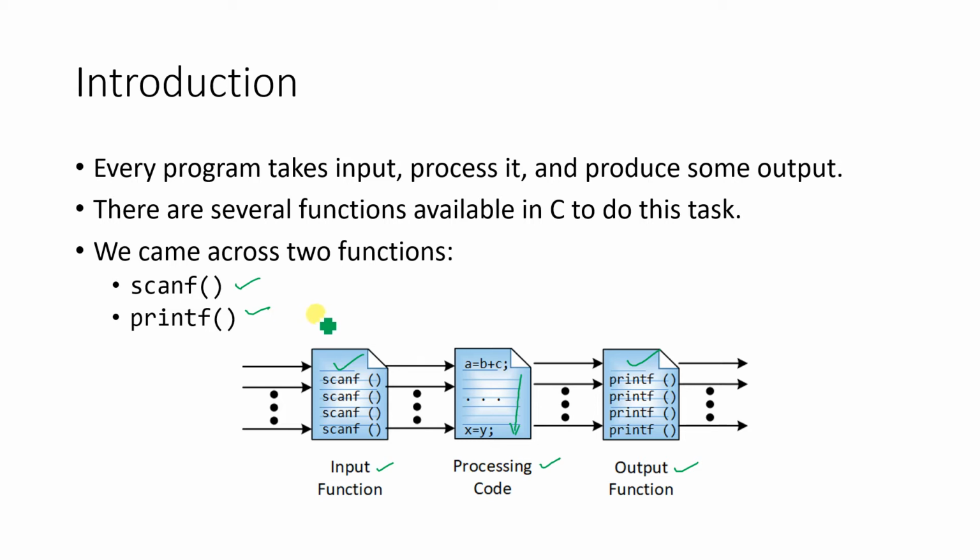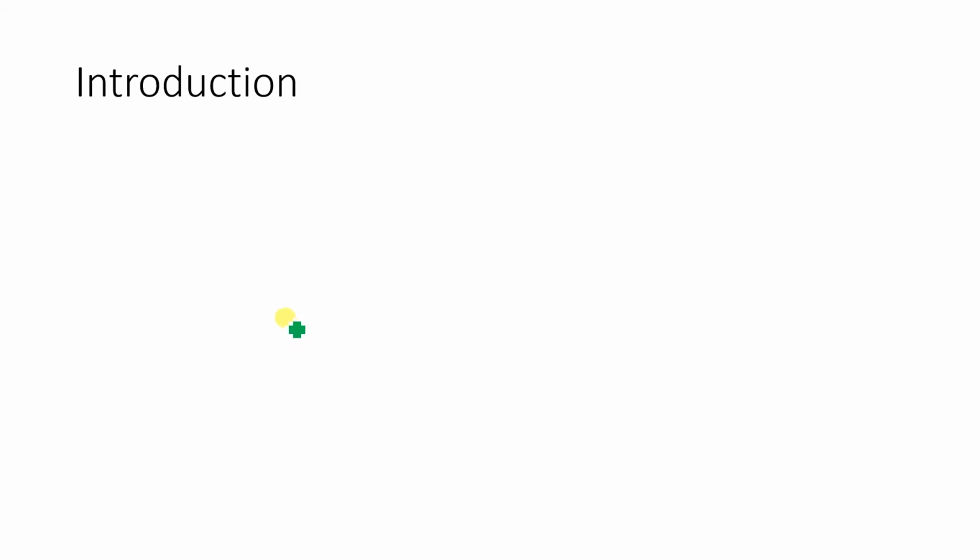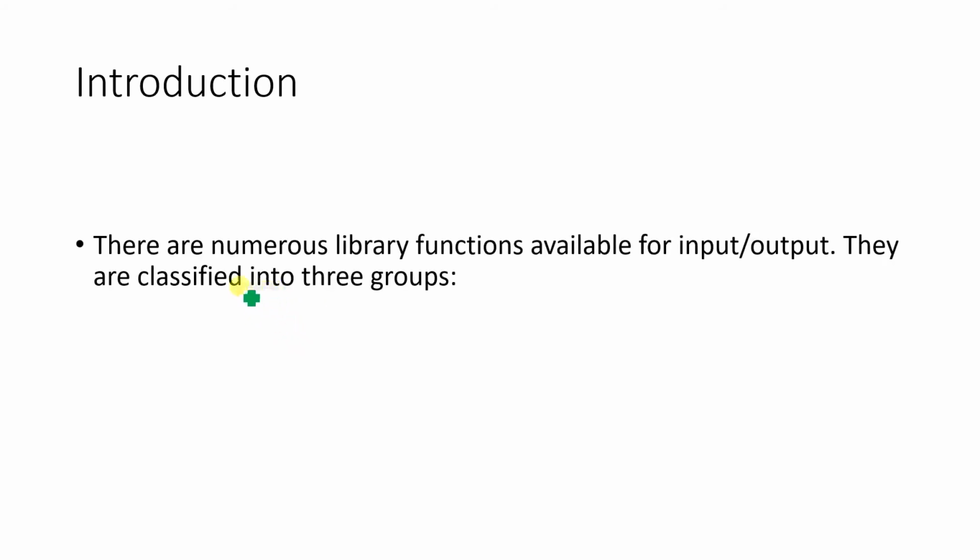Besides scanf and printf, there are several other functions also provided by the C programming language. This lecture will give you the categories of functions that are already present in C. As I have already told you, there are numerous library functions available for input output.